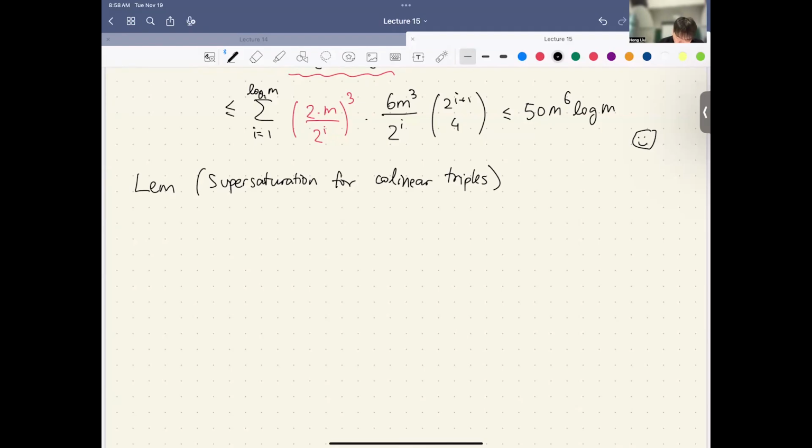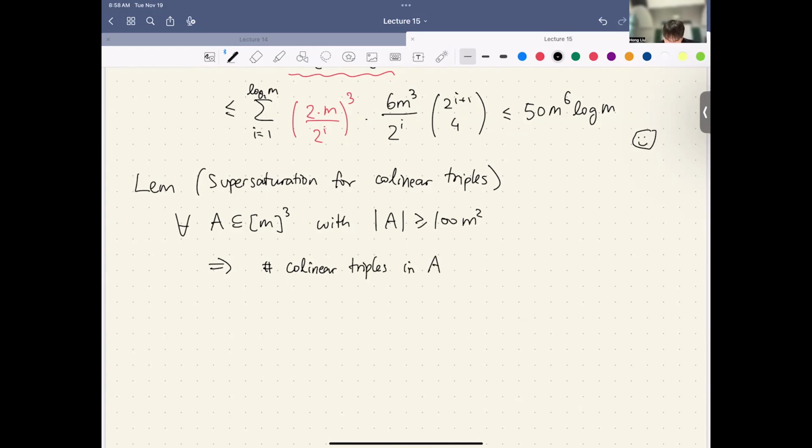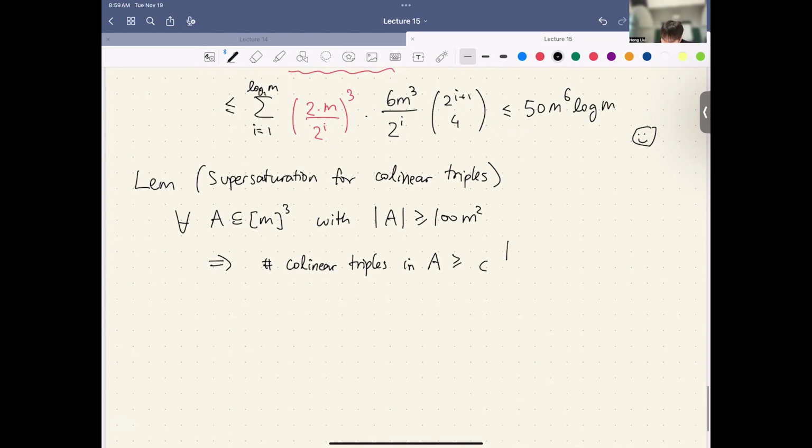It says the following: for any subset A of the grid [m]^3 with size bigger than 100 m squared, the number of collinear triples in A is at least some absolute constant times A cubed over m^6.